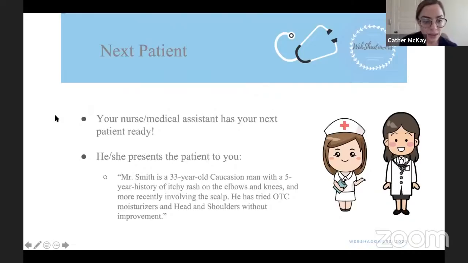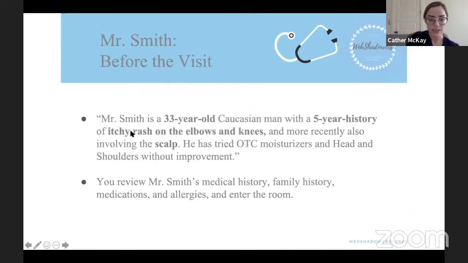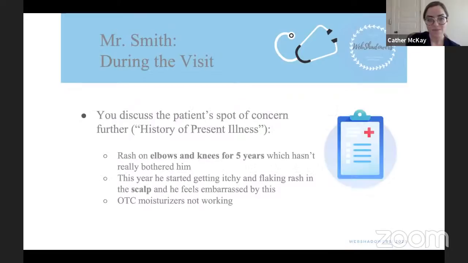All right. So next patient, I'll just skip to the HPI. So Mr. Smith, 33-year-old Caucasian man, 5-year history of an itchy rash on his elbows and knees, and more recently also involving the scalp. So he's tried over-the-counter moisturizers and Head and Shoulders, but he's not getting better. You look at his medical history, his family history, medications, allergies, and you go talk to him.